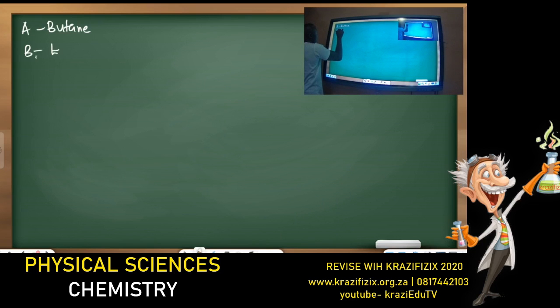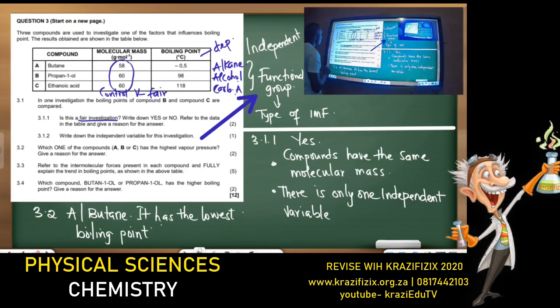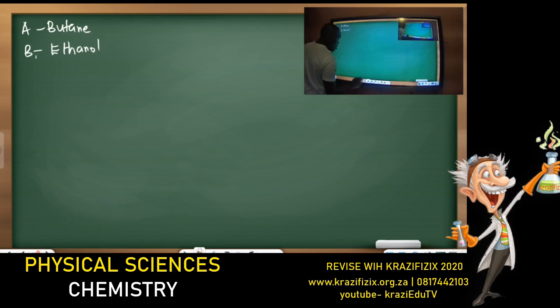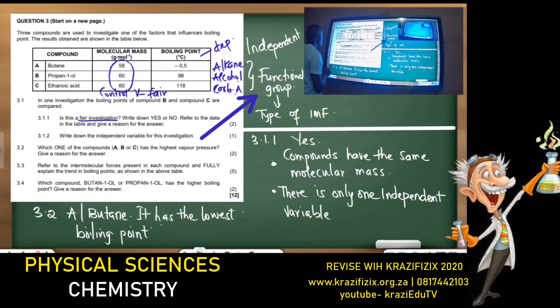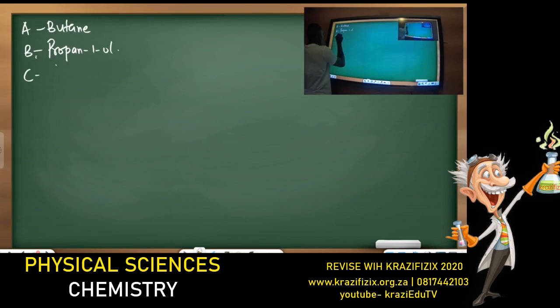B is propanol, propan-1-ol, which is an alcohol, and C is ethanoic acid.